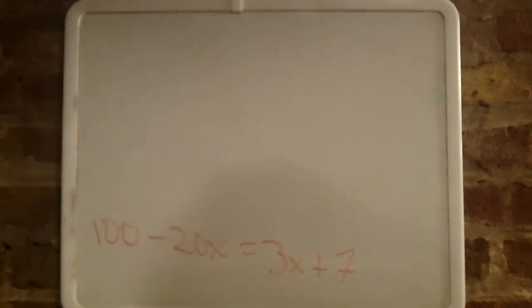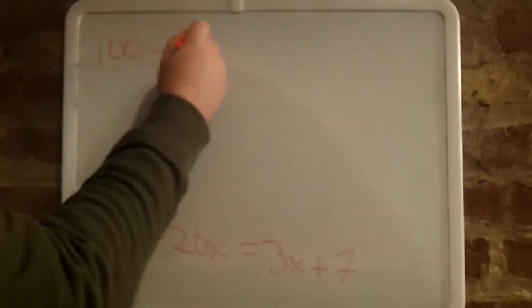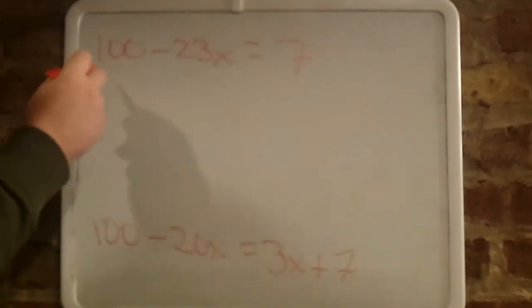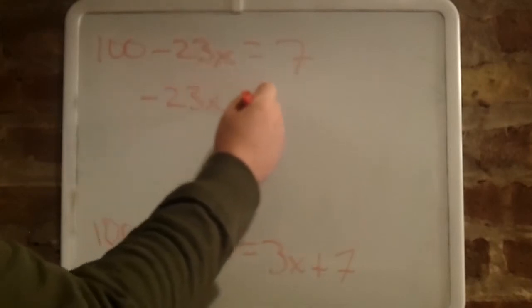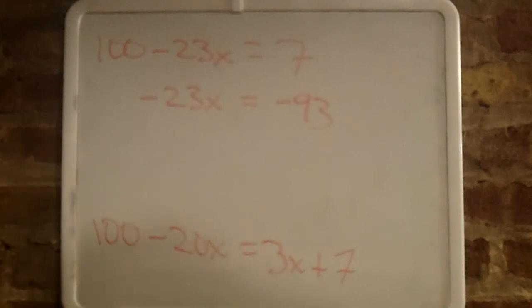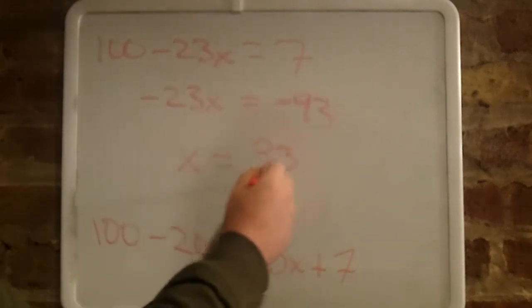Okay. I can subtract 3x from this side to move it over here. So I would have 100 minus 23x equals 7. I subtract 100 from both sides, and I would have negative 23x equals negative 93. And then lastly, I divide both sides by negative 23, and I would get x equals 93 over 23.